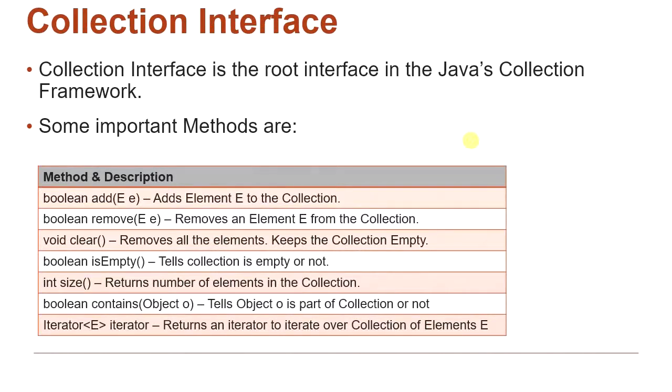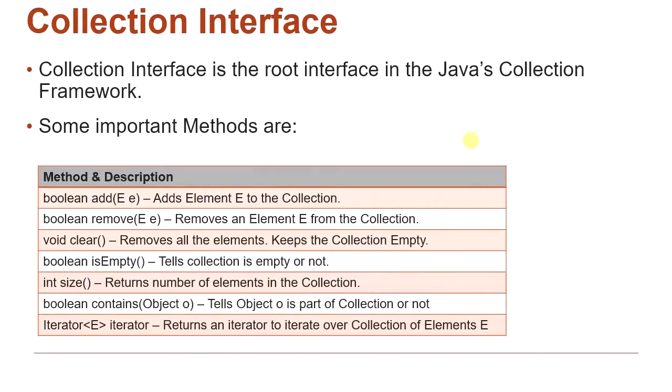So if we want to add an element, we can call the add method and pass the element to the method. And if we want to remove an element, we specify the element, and the collection framework will search for that element, then it will remove it from the collection.